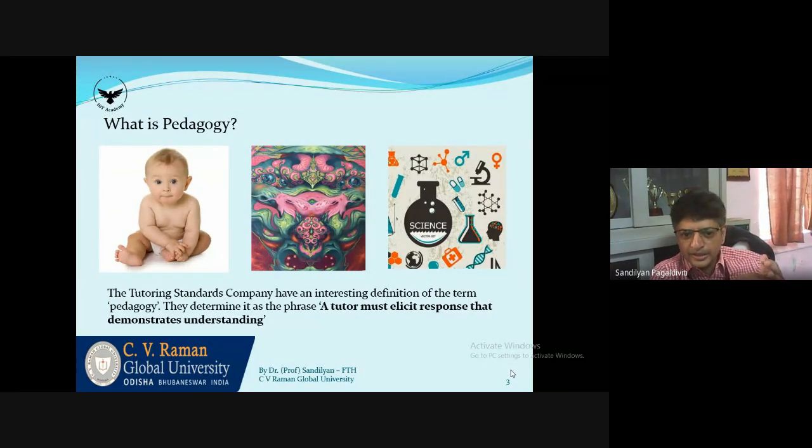If the student is not able to demonstrate understanding, then there is a gap. I'm not saying that this gap is because you have not taught well or you don't know the subject, but this gap could be because you have not transferred the knowledge to the student in a fashion which he could adapt or accept. So there is a lot of challenge in how to deliver.